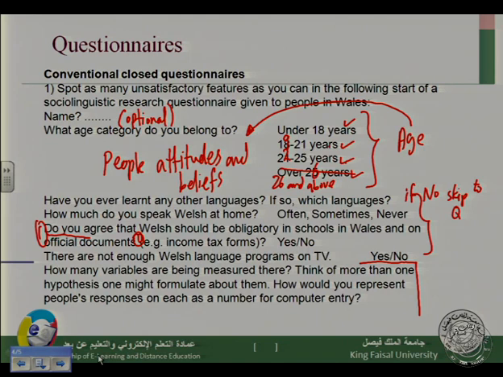I'm talking about age. So this is very important, that we know the difference between the dependent and independent variable. So we answered how many variables are being measured there. We can see here one independent and one dependent variable.